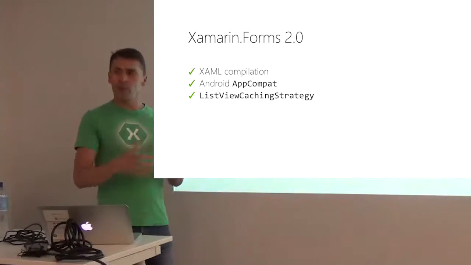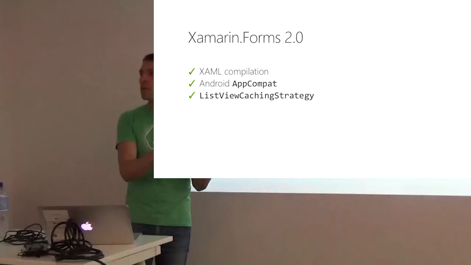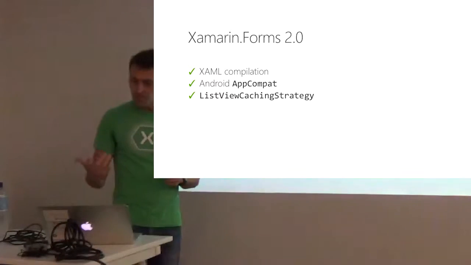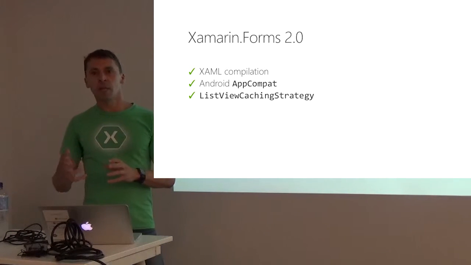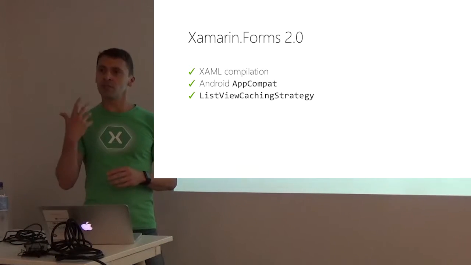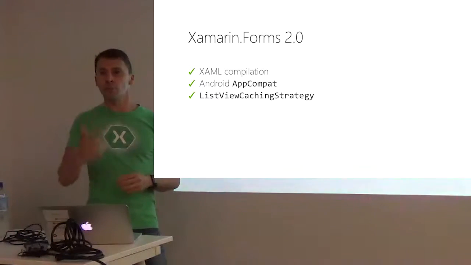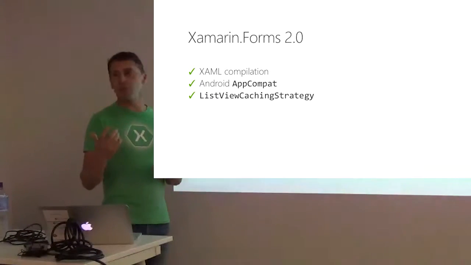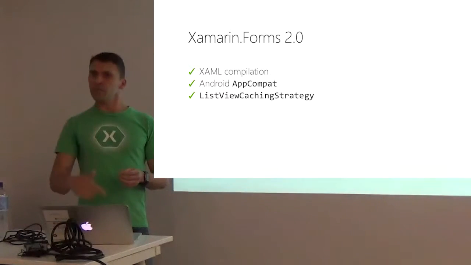So complex XAML layouts were being reloaded all the time, even though we were reusing the cell that they lived in. So list view caching strategy has been introduced to let you turn on an additional level of virtualizing. So we're virtualizing the Xamarin.Forms user interface as well. That drastically improves performance of even complex cell layouts. So that, coupled with the XAML compilation, gives you faster list view startup and list view scrolling.